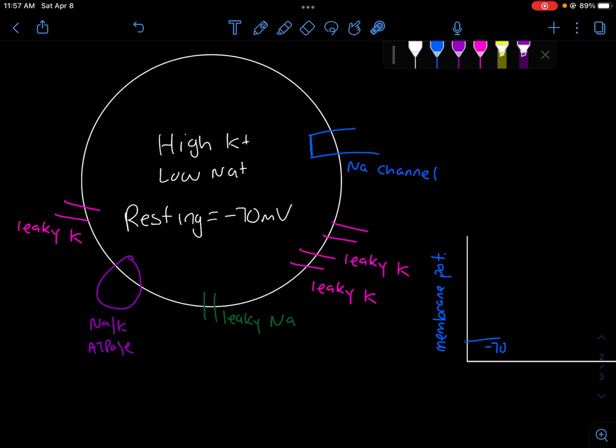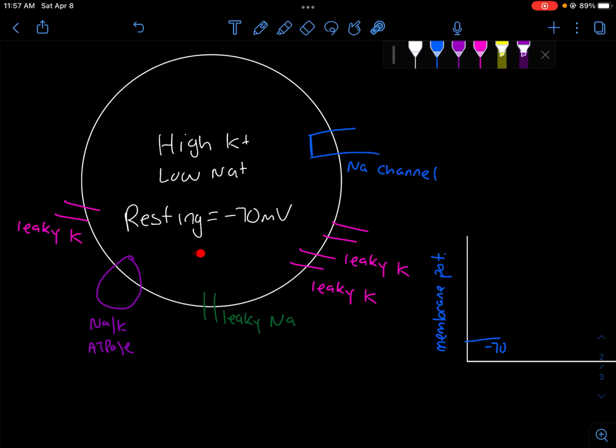A lot of this is facilitated by the sodium-potassium ATPase, as you remember. And the second component that gives us this negative 70 millivolt resting potential is the permeability of the neuron to potassium, sodium, and other ions too, but we'll just focus on these two for now.